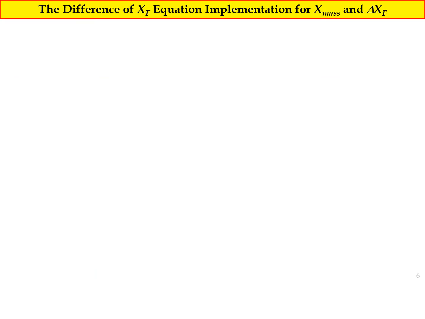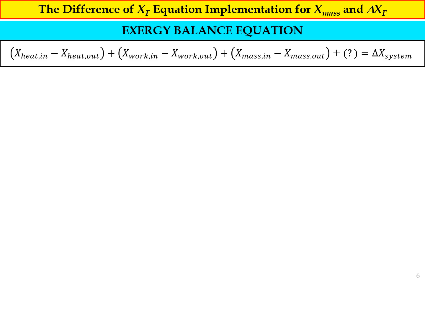The difference between the Xf equation implementation for X mass and delta Xf. As you can see from the exergy balance equation, we have the exergy from heat in minus exergy from heat out, plus in the bracket exergy work in minus exergy work out, plus exergy mass in minus exergy mass out, plus or minus something in a bracket with a question mark, and it is equal to delta X, which is the change of exergy for the system.